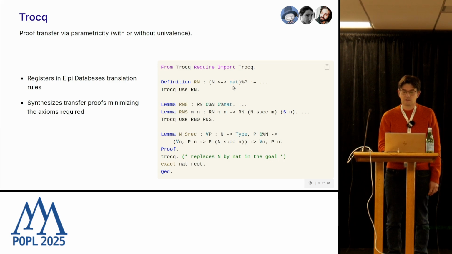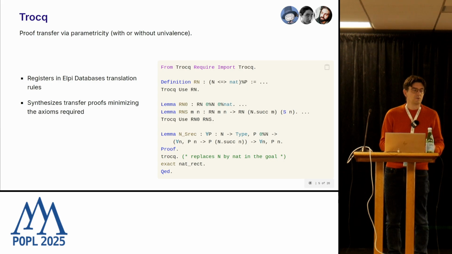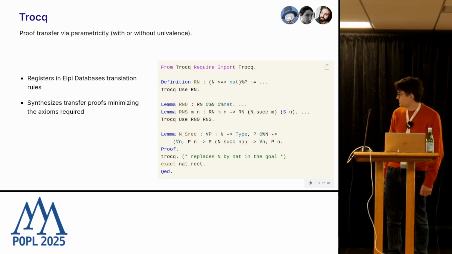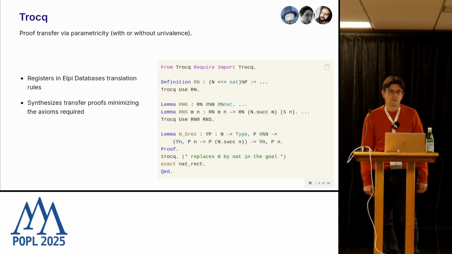In this case, the very simple example, natural numbers and binary natural numbers, and then you also put in relation the symbols, the constructors for the natural numbers, and the successor function for the binary ones, and then you are facing a goal on the binary numbers, but you want to go back to the world of unary numbers where you have more proof tools. Well, you just call the tool, and you are back into the realm of nat, and then you can use a theorem about natural numbers.